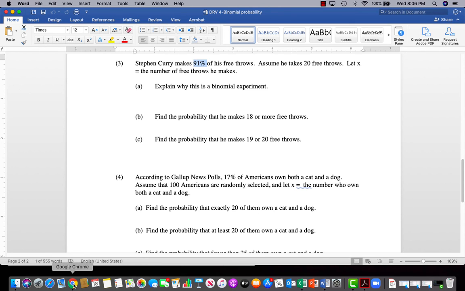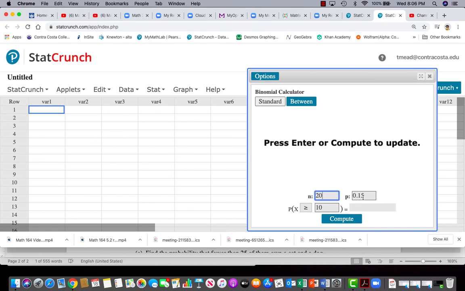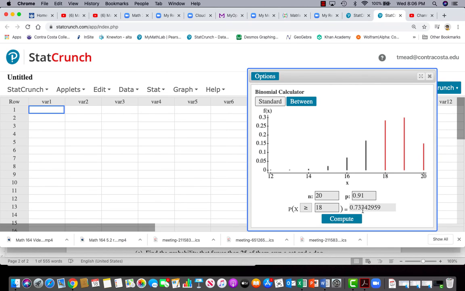So we'll put in 20 for the number of attempts, and 0.91 for the probability, and being greater than or equal to 18 is 0.7334. So making 18 or more out of 20 is highly probable, 0.7334.